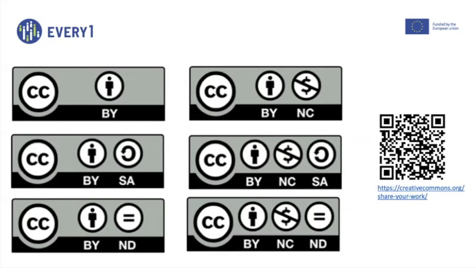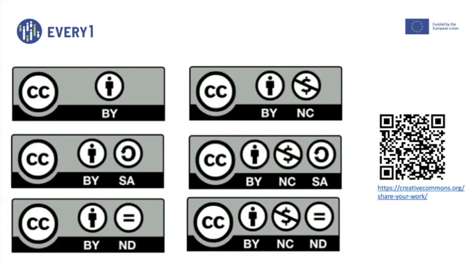You can see 2 examples here. You can see CC BY Share Alike on the left, and then next to it on the right-hand side, we have CC BY Non-Commercial Share Alike. We'll talk a little bit more about that license in a moment, but you can see already that there's another element that's been added to this license, which is the NC, or non-commercial element.